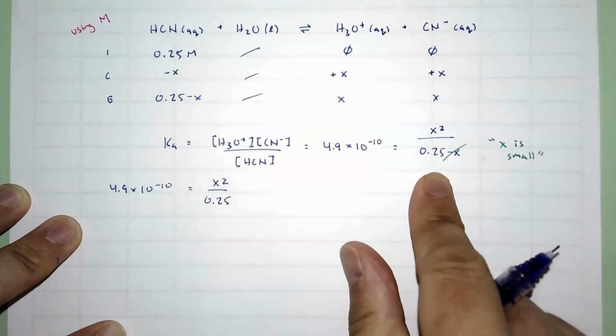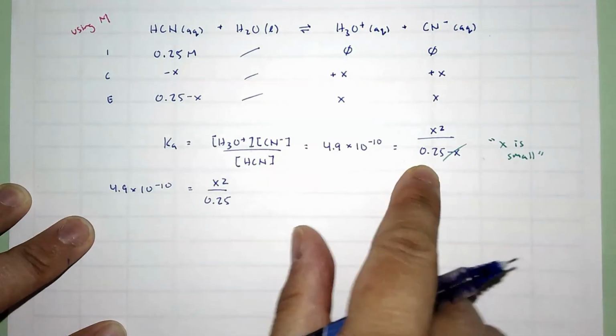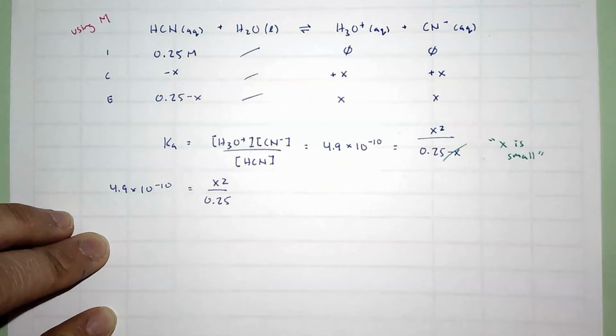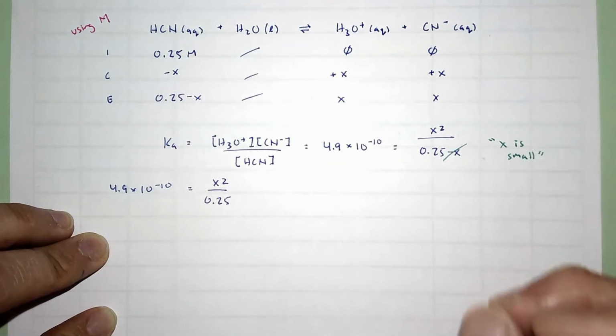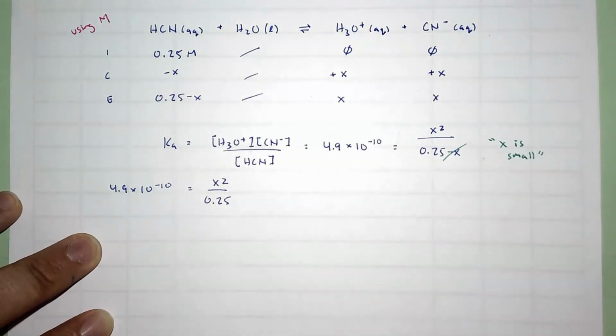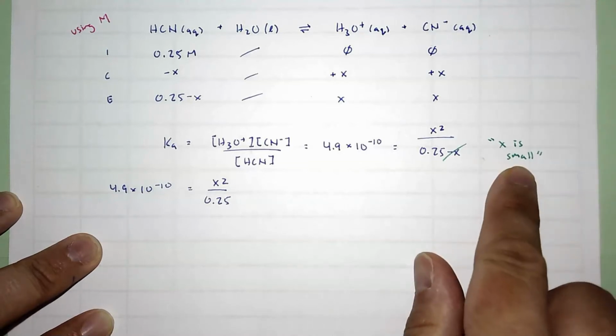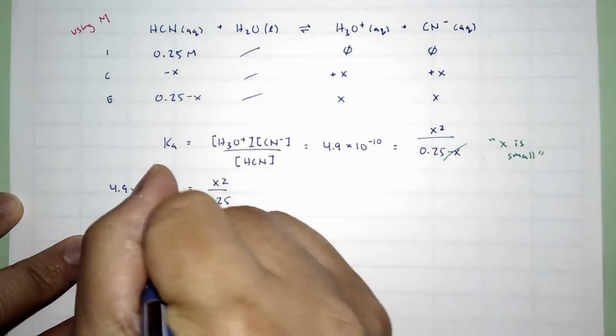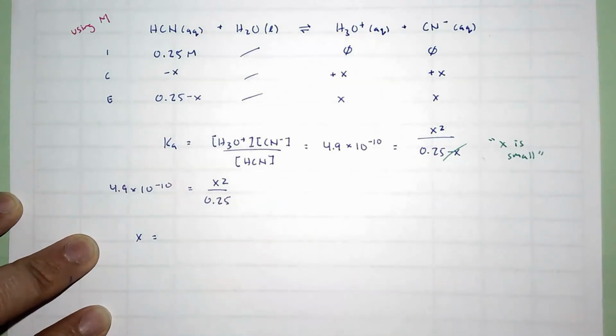If I had not done that and had cross-multiplied and expanded the terms, we would have had to use the quadratic formula to solve for x. But this is a shortcut if x is sufficiently small, and we're going to double check that in just a bit. First we have to solve for x.